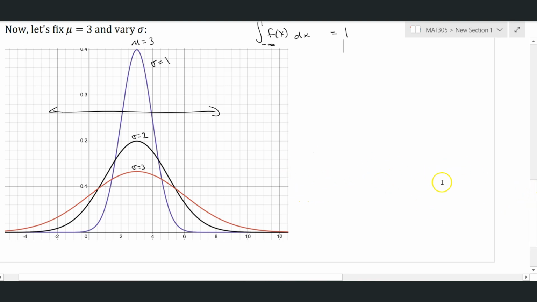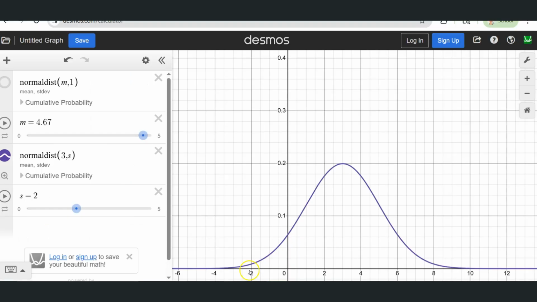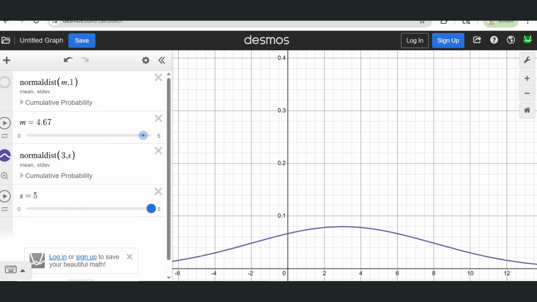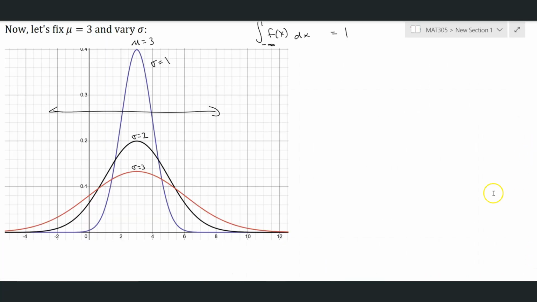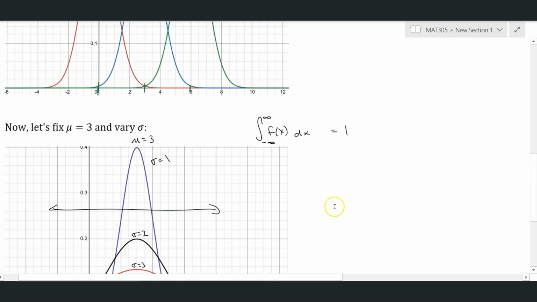So that's pretty much how we work with distributions, and that's just the basics of them. Okay, here's just looking at a bigger standard deviation. You can once again see that it's just more spread. And in any case, the integral, the area under the curve, is going to equal 1.